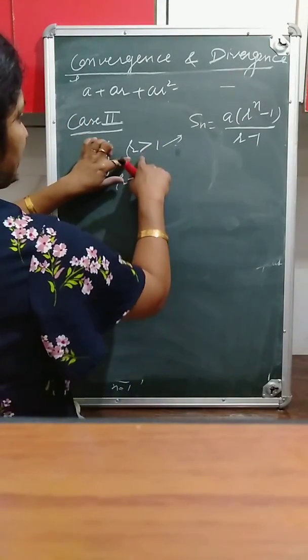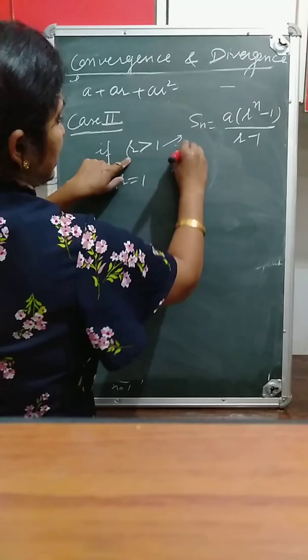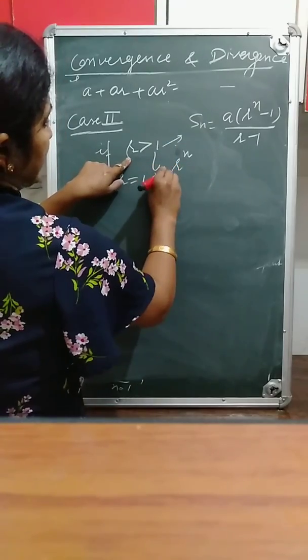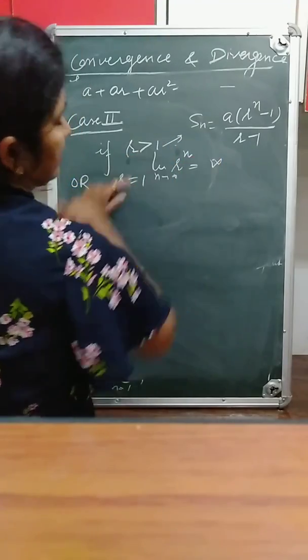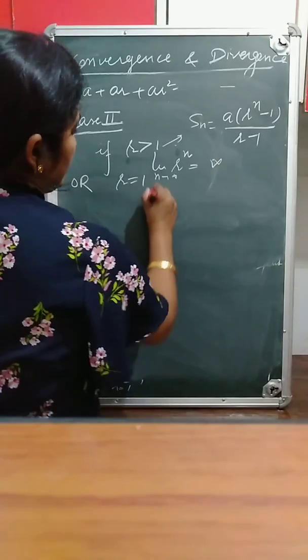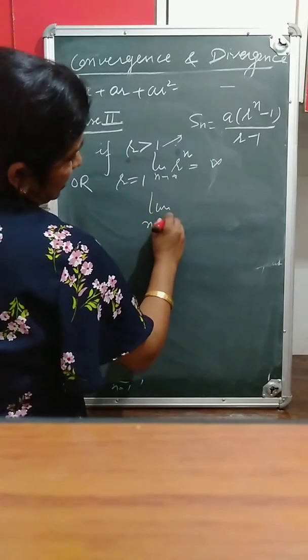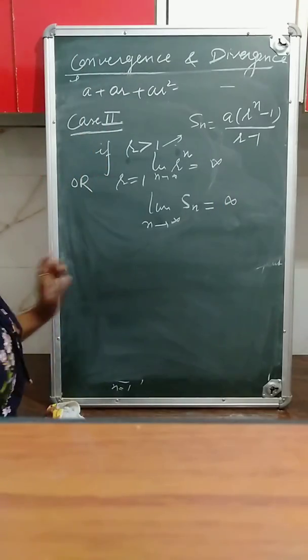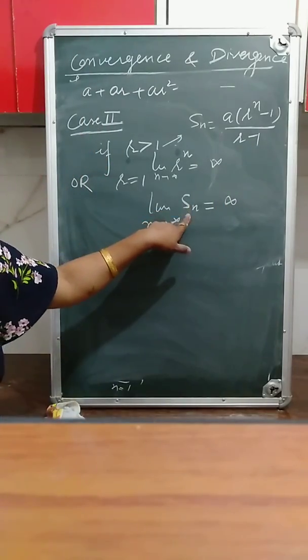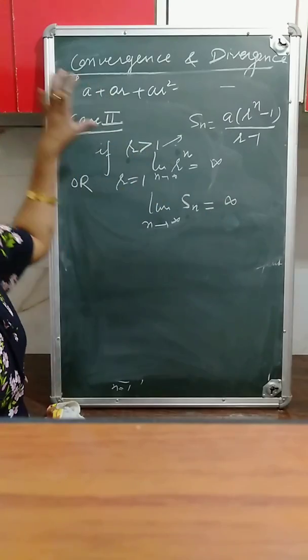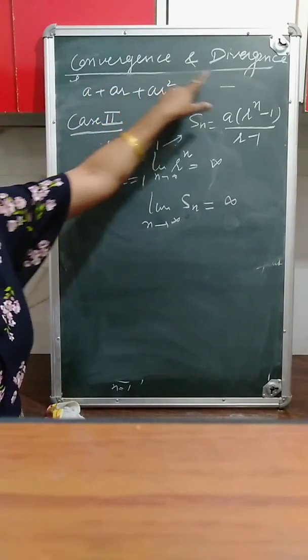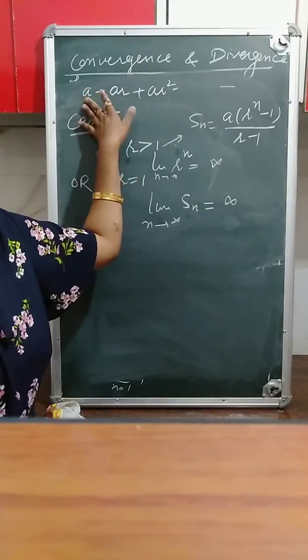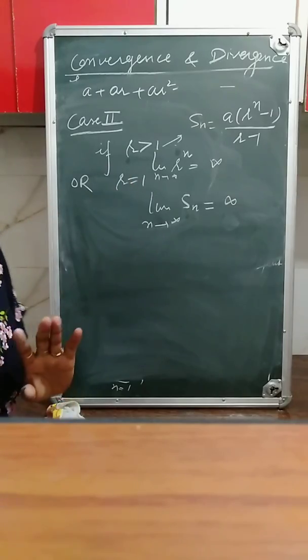Clearly, if r is greater than 1, then r raised to the power n, limit n tending to infinity, will be infinity, and therefore limit n tending to infinity Sn will be infinity. So the sequence Sn diverges to infinity, and therefore summation an, that is this series, also diverges to infinity.